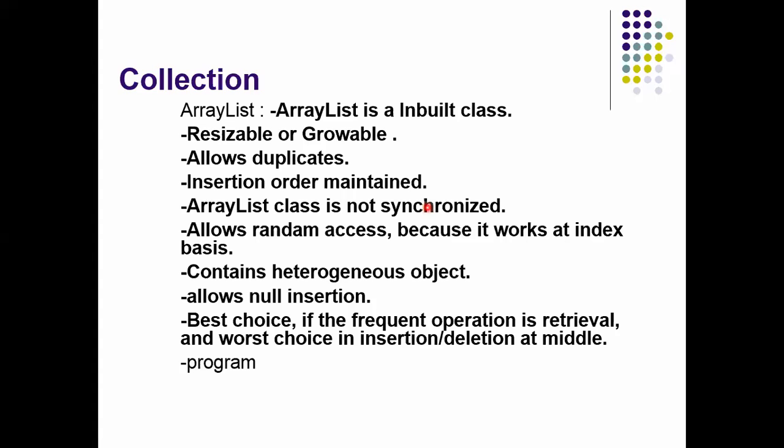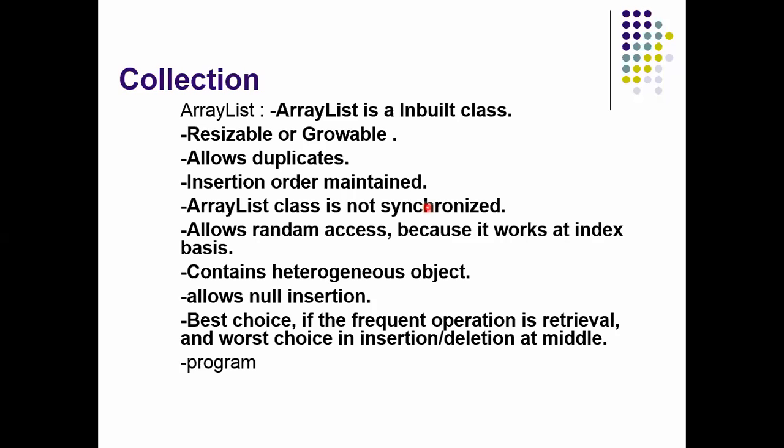In threads, multiple threads or processes access the same method, or if we want to restrict it, we make it synchronized. ArrayList class methods are not synchronized means, let's say there is a method called add, then that add method can be called by multiple threads or objects or processes at the same time. There is no restriction. This is called ArrayList class is not synchronized.